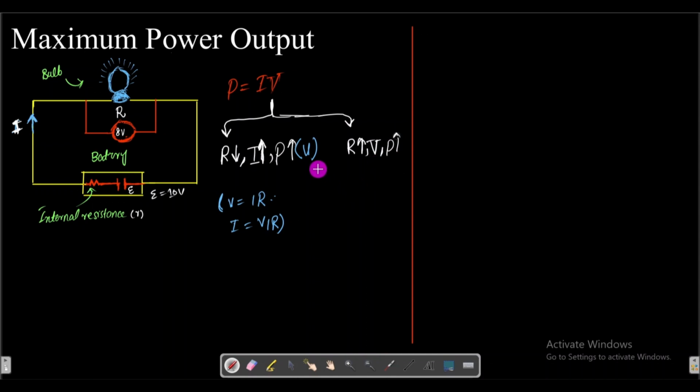But again focus on what will happen to the current. If I increase the internal resistance, the current will be reduced. Here is the inverse relation.